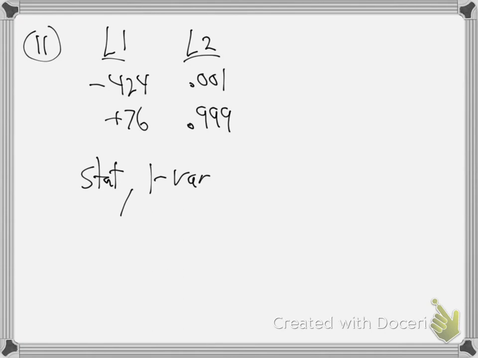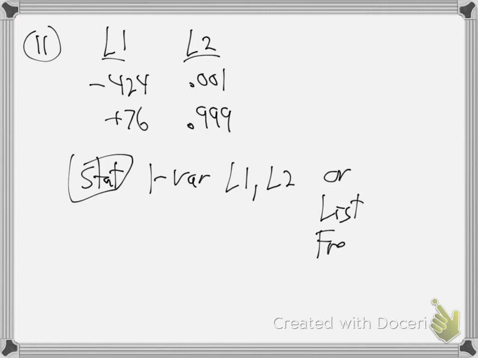And you've got to put in L1, L2, or if you have the newer kind that says list and frequency list. If it says list, remember we did this before? You've got to put in L1, and whenever you have 2 lists, you've got to put in L1 and L2 when you get an answer, and then find x bar, because that's the average.